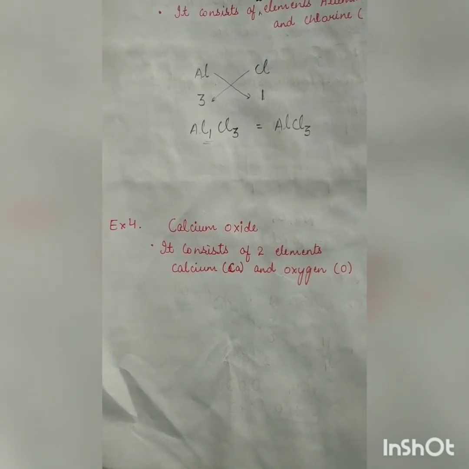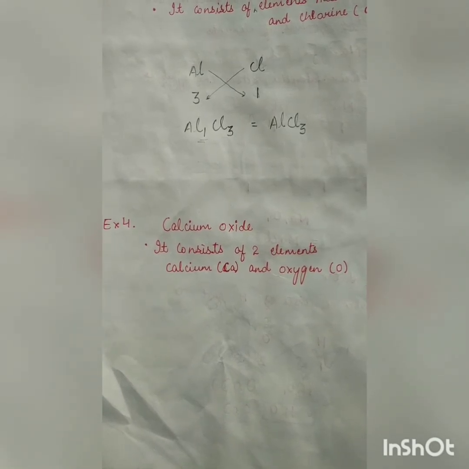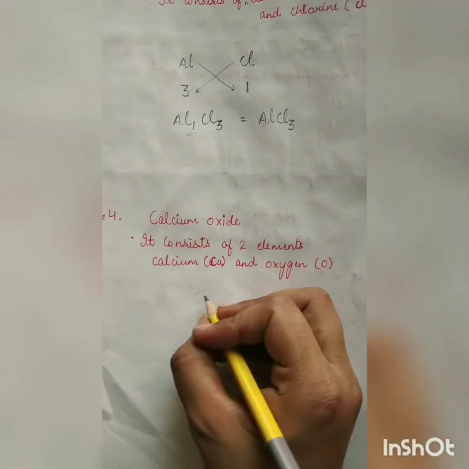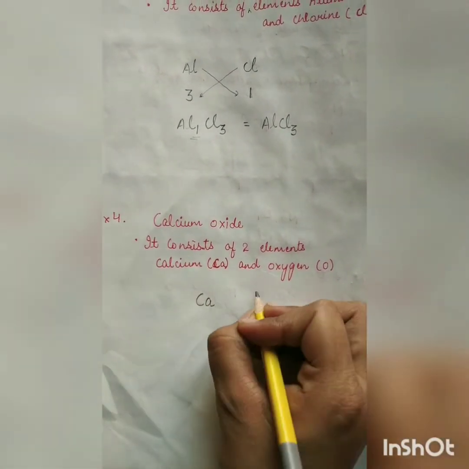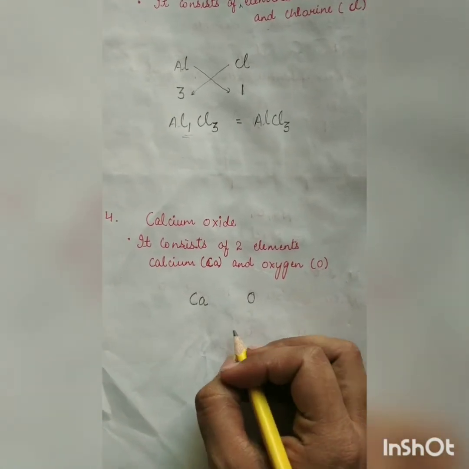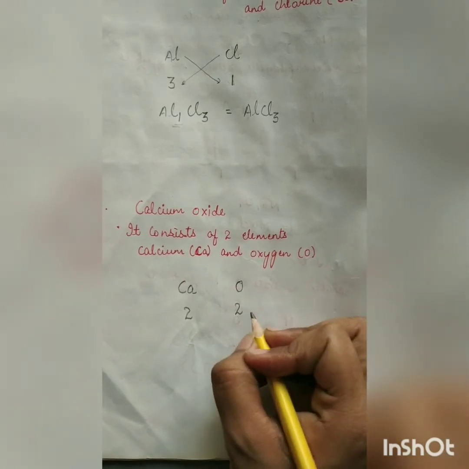Now let's take one last example. Example of calcium oxide. Calcium oxide, it consists of two elements, calcium and oxygen. Symbol of calcium is Ca and that of oxygen is O. Valency of calcium is 2 and that of oxygen is also 2.